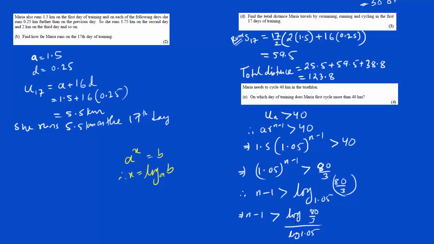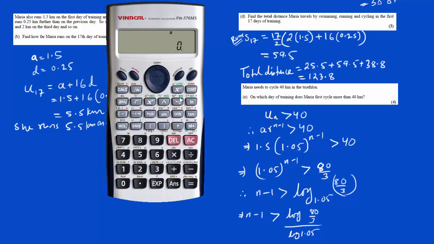So we have changed to the common base, base 10. Now it turns out to be log of 80 by 3 divided by log of 1.05, and we have 67.29.